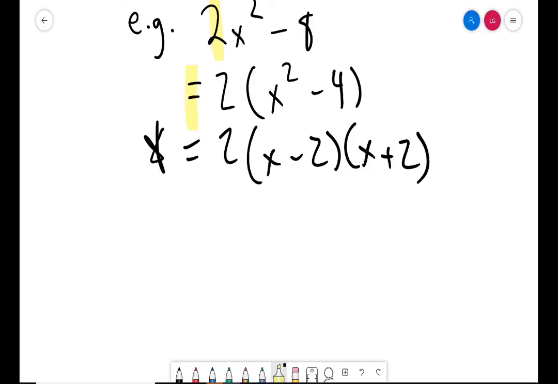We're not claiming that 2x squared minus 8 is equal to anything. We're being very specific. It needs to be an equivalent expression like this. Those equal signs, we are establishing them as true.